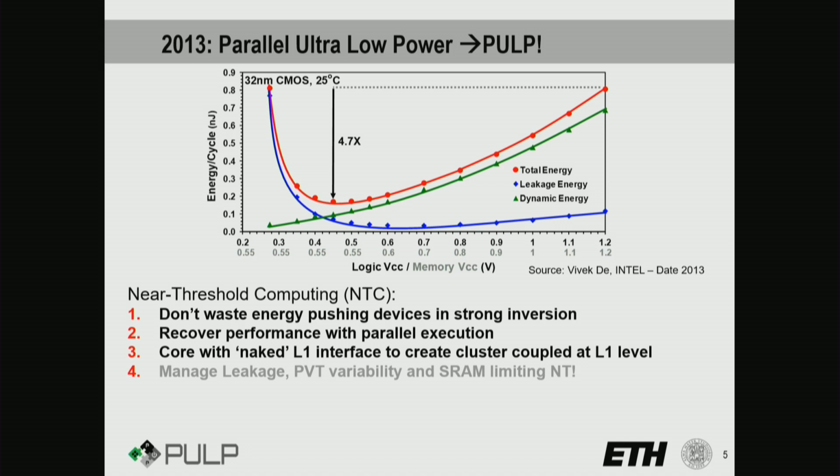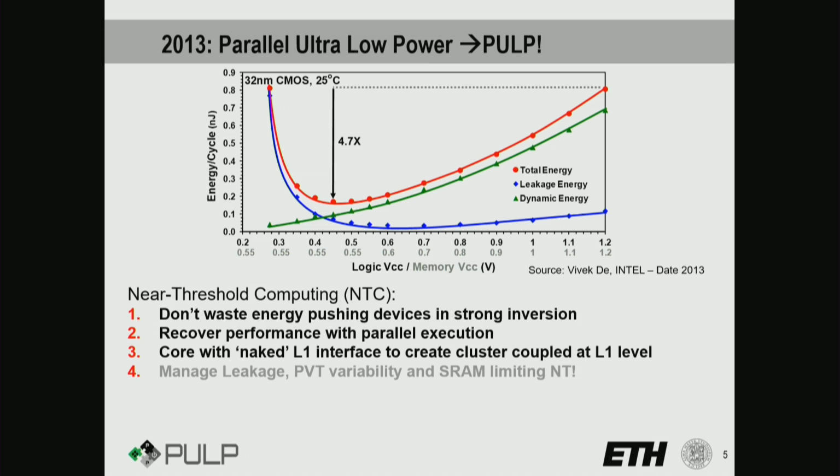Now, the key ingredient here is that we don't want to waste energy by pushing our silicon devices into strong inversion. What we do instead is lower the supply voltage to move them closer into the regime called near-threshold computing. When you reduce the supply voltage, your dynamic power goes down drastically, quadratically actually. This also entails a performance hit, so you get slower silicon, but this you can recover by going to parallel execution.